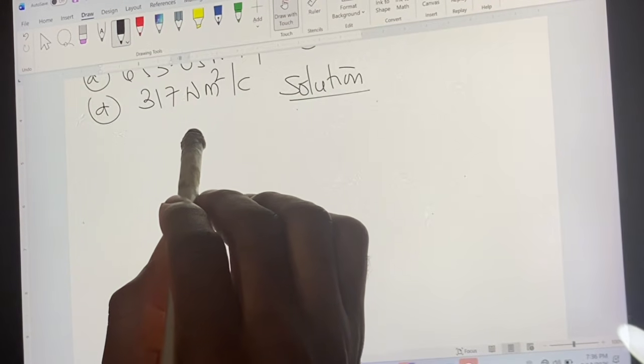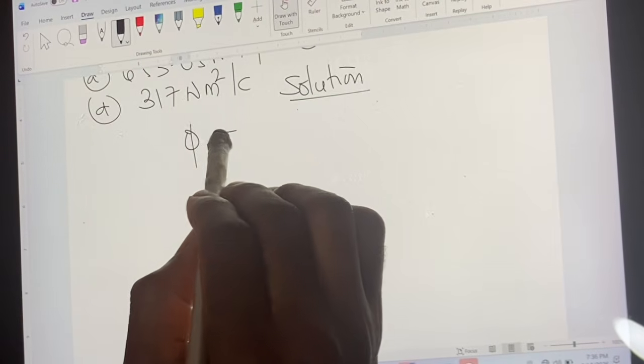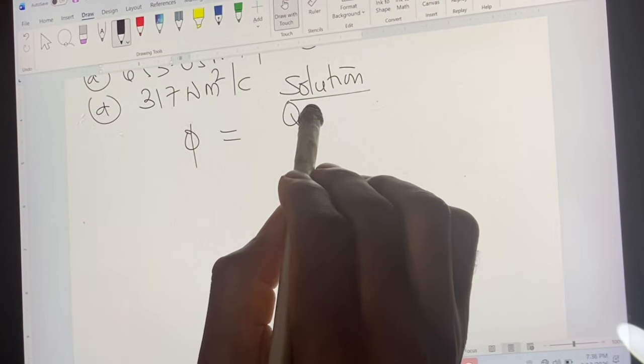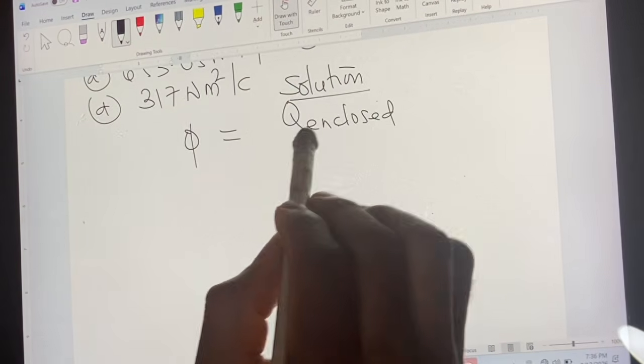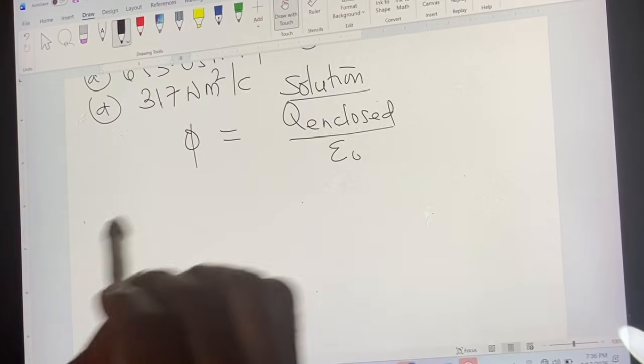From Gauss's law, the first one here is phi equal to charge enclosed, or net charge, over epsilon naught.